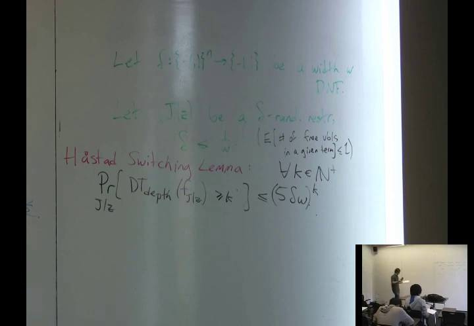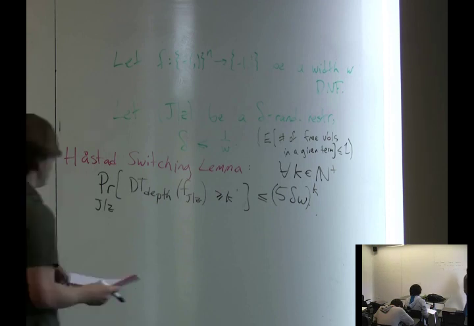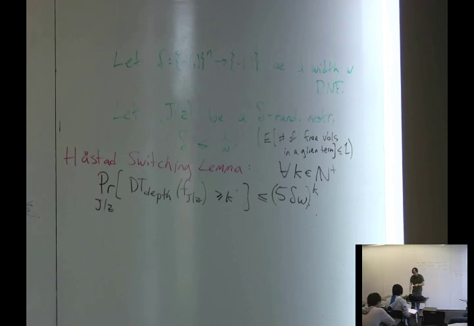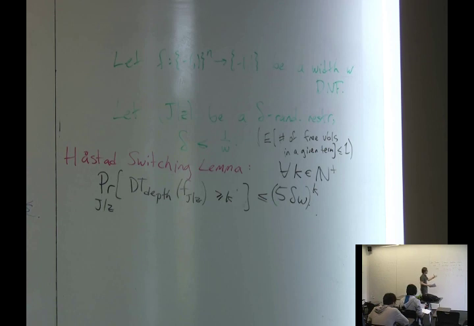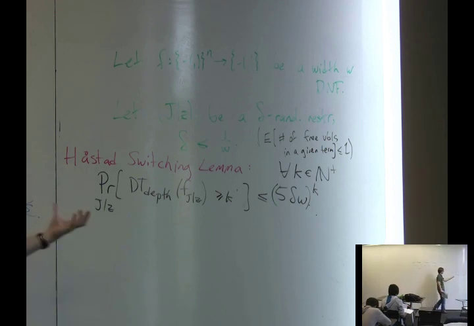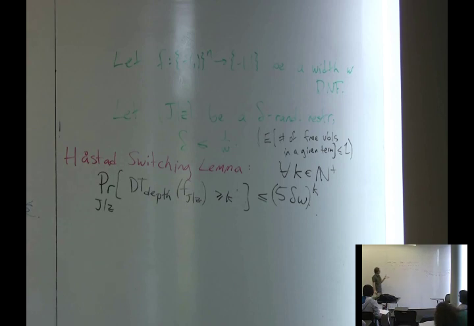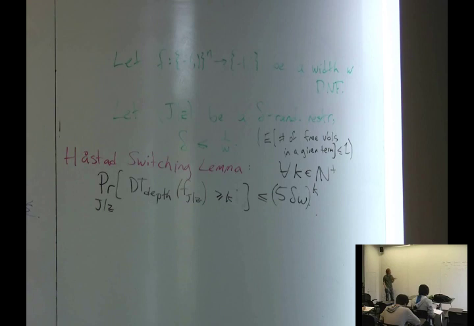Okay, so let's now pretend that we know this fact. How are we going to connect it to the Fourier side? The key observation is that this says it's exponentially unlikely that you won't become a depth k minus 1 decision tree. The key observation that we'll make is that a function that has a depth k decision tree has degree at most k.